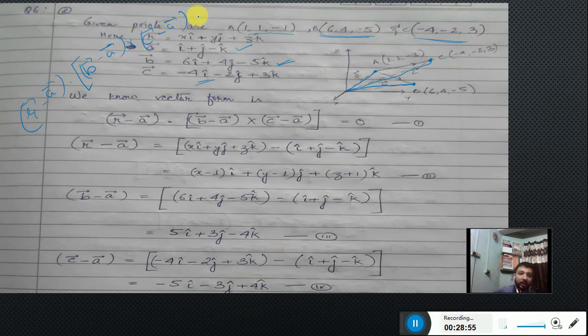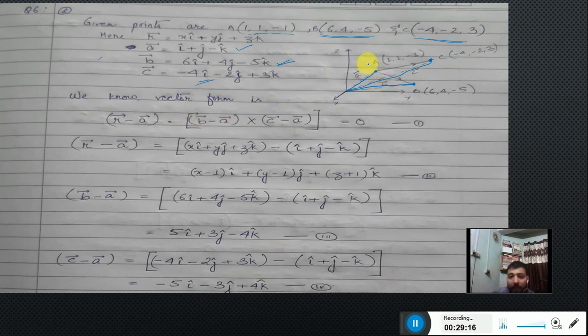Right, we can write it like this. So for doing that, I need to know what is my r minus a, what is my b minus a, what is my c minus a.